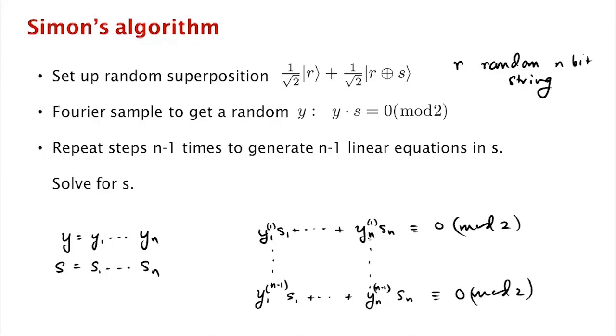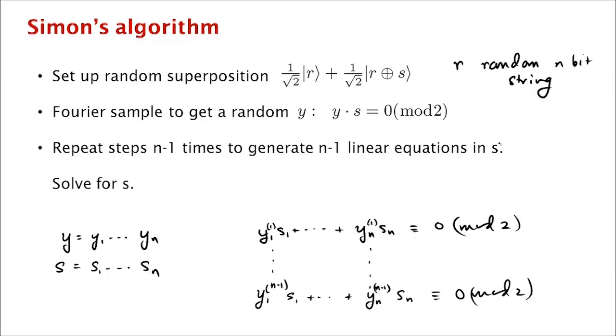So you can solve these linear equations, and as long as they are full rank, they're n minus 1 equations, n unknowns, so you'll get exactly 2 solutions, since we are working mod 2. You'll be able to pin down all but one of the variables, which takes on 2 different values. One of the solutions will be, of course, the all zero solution, because it's a homogeneous set. And the other solution will give us the value of s.